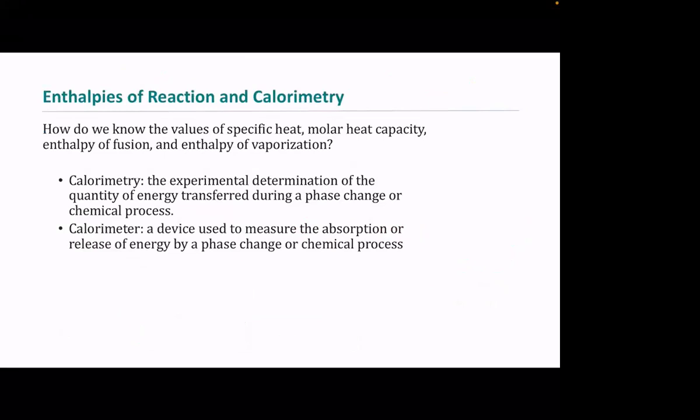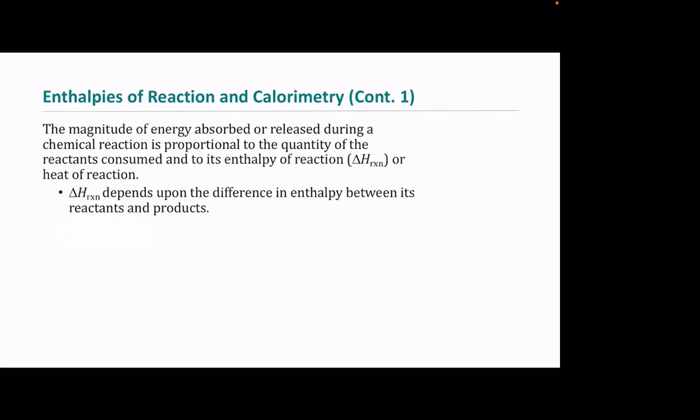So we can use this idea, this calorimetry, like you did in lab, and we can calculate things like the specific heat capacity of the metal. We can calculate energy changes for reactions, right? If we've got a nice insulated calorimeter system, we can figure out the heat associated with a chemical reaction. This is just a device we're going to use. This is how we get these tabulated data, basically, using these calorimeters.